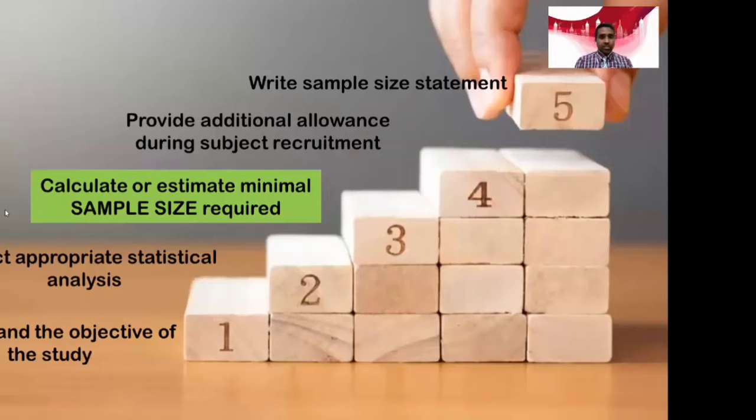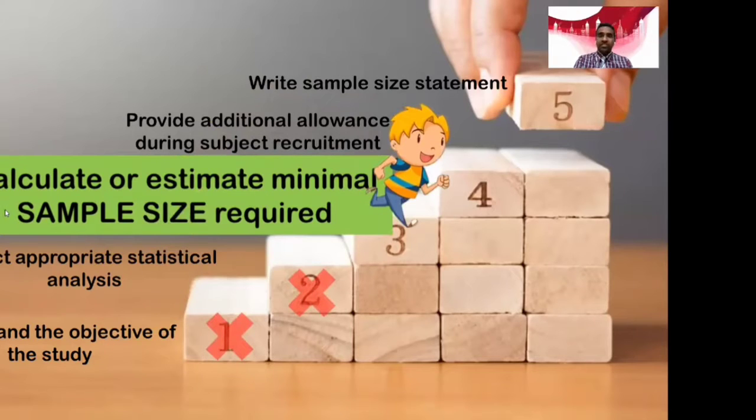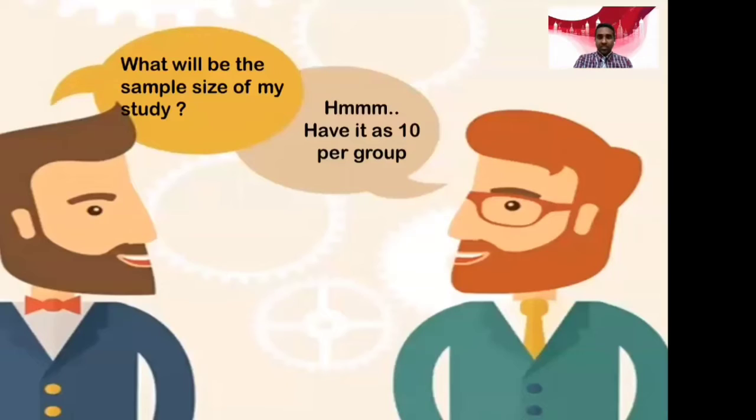Like all procedures, sample size calculation also has several steps. But the problem is when a student approaches us, he will think only of step 3, how to calculate. He will ask the biostatistician, I need a sample size. Forgetting the first and second steps, he directly skips to the third step. Suppose somebody gives a random number: take 10 per group, take 20 per group.